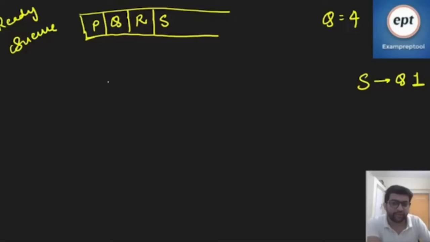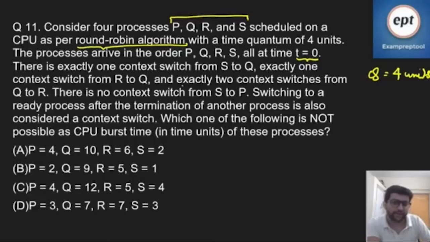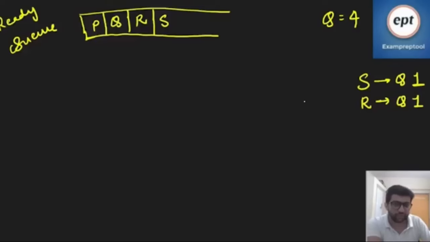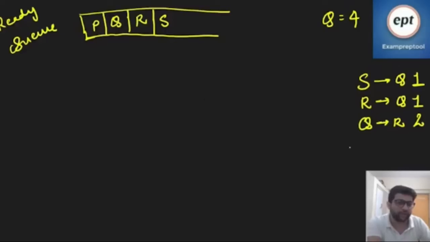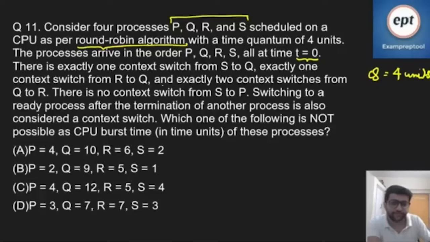Exactly one context switch from R to Q. And exactly two context switches from Q to R. And there are no context switches from S to P, right?